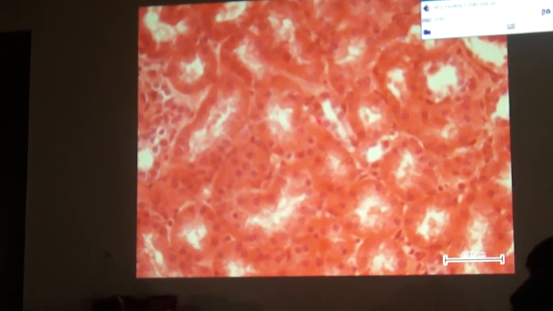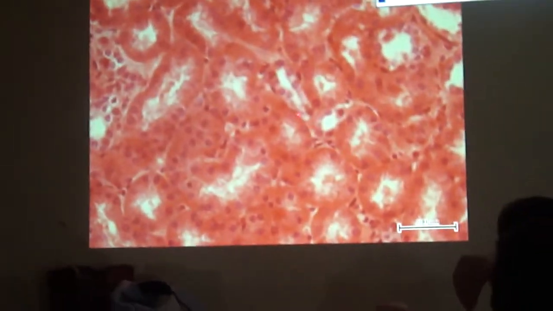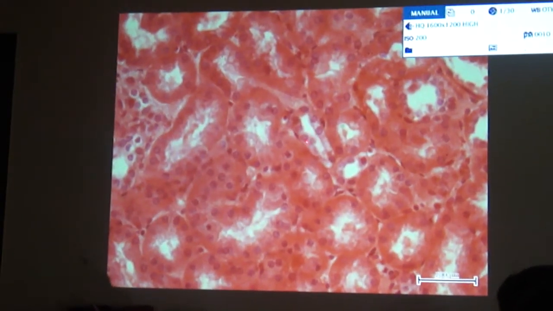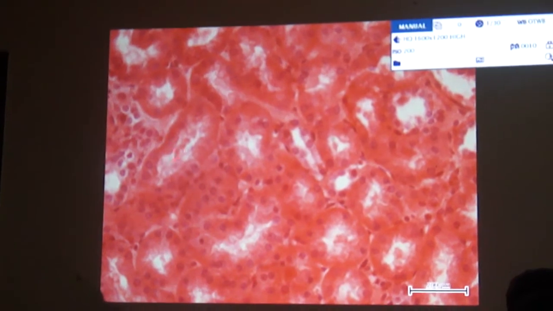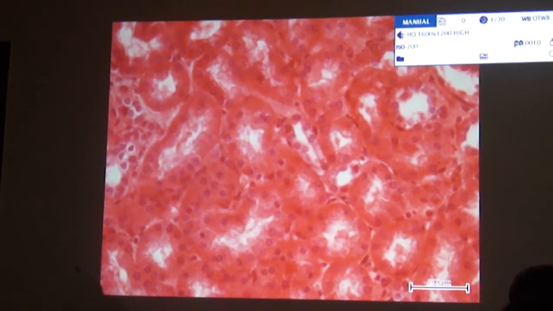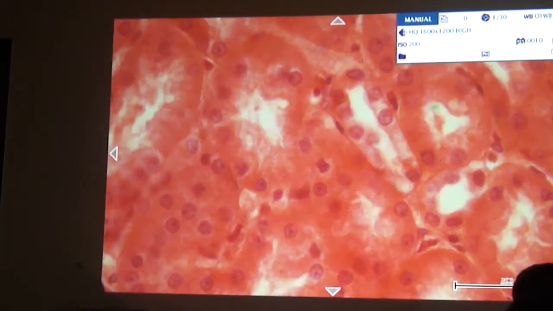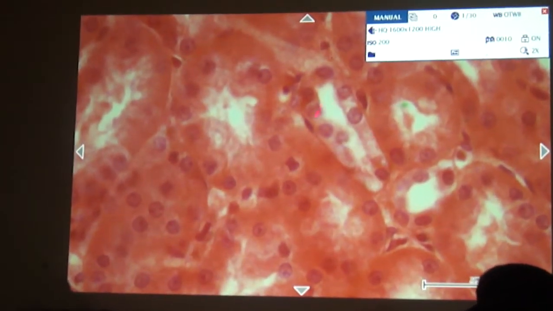Cuboidal. Both are lined actually by cuboidal epithelium. However, the cuboidal cells in the distal tubules are shorter and thinner as compared to the cuboidal cells lining the proximal convoluted tubules.